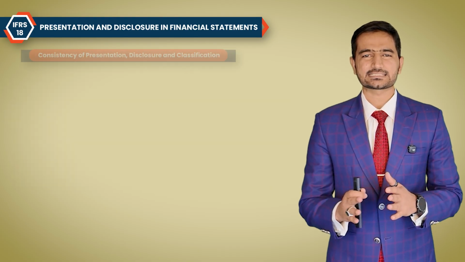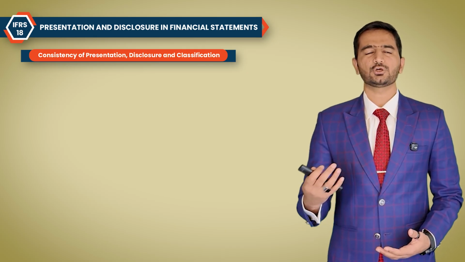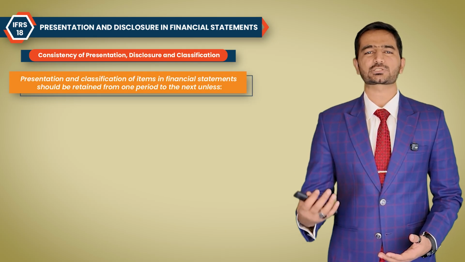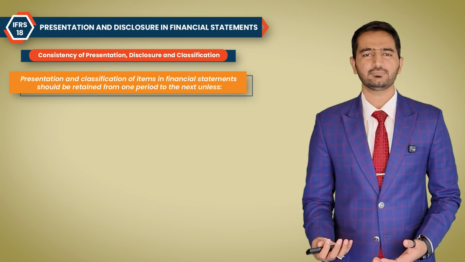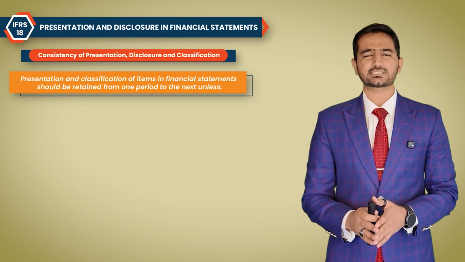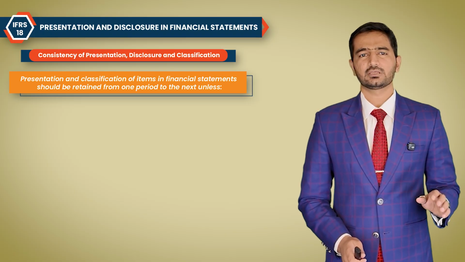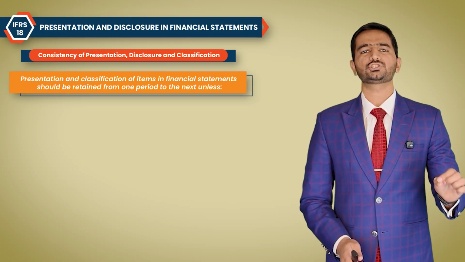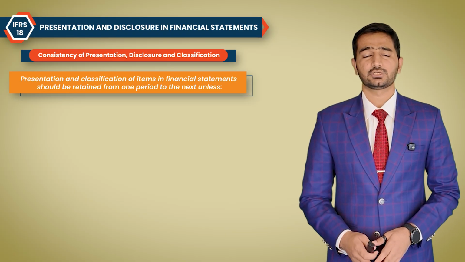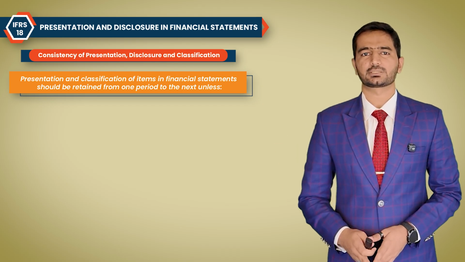Alright, let's now talk about another important requirement for financial statements. That is consistency. It means that once you choose a way of presenting, classifying or disclosing items in your financial statement, you have to stick with it. You must keep it consistent from one reporting period to the next. In other words, we cannot just change how we show our financial statements. You need to do it in the same way as in the previous reporting period.